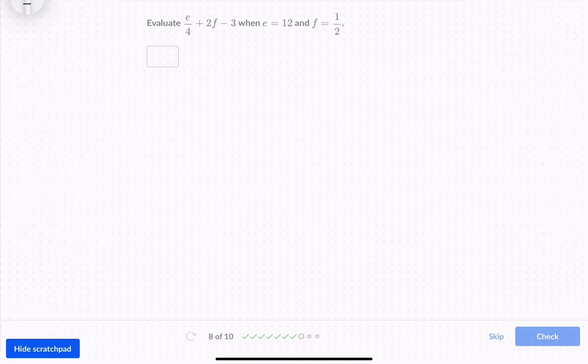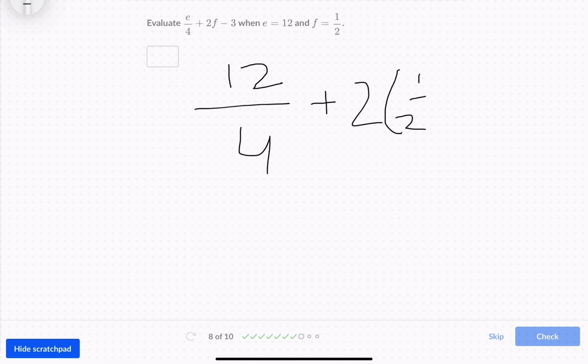Next question. Evaluate e divided by 4 plus 2f minus 3 when e is equal to 12 and f is equal to 1/2. So when we plug this in, let's just plug everything in. So 12 for e, and then 1/2 for f, minus 3.